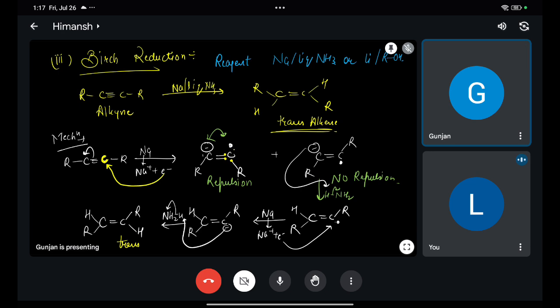Yes, ma'am. Now this carbon is a radical and this one is negative. If they both are very close to each other like this, there is repulsion. But they are opposite, so there is no repulsion. That is why we have got this structure, not this structure. Then this negative is taking H positive from NH3. I mean, to avoid the repulsion, that's why we're shifting this lower.